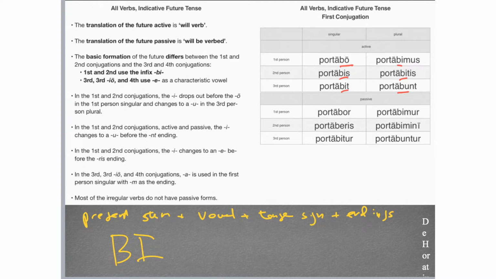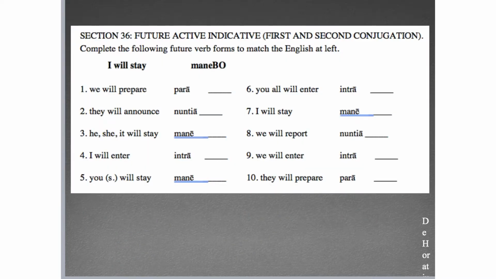They wouldn't like that bim sound, so they go bo. Third person plural, again, same thing. They don't like that bint, int sound, so they change that to bunt. The i kind of softens to that u. So those are the two exceptions, but otherwise it's bi. And of course, the translation is, sorry about that, "will" plus verb. So that's our basic future translation, will verb.